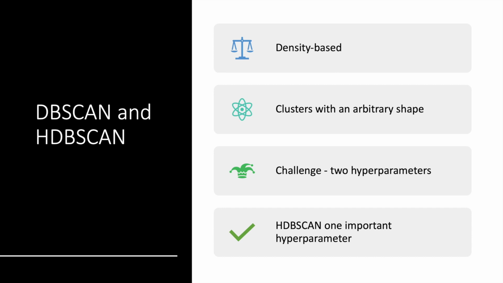Then you count how many examples have the distance from X less than or equal to epsilon. If this quantity is greater than or equal to n, then you put all these epsilon neighbors to the same cluster 1. You then examine each member of cluster 1 and find their respective epsilon neighbors.